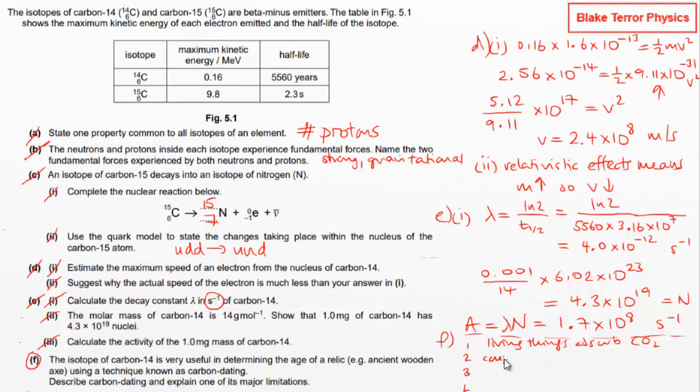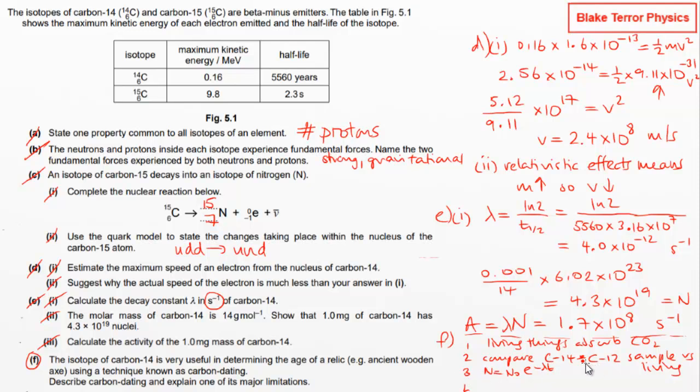We need to compare the ratio of carbon-14 to carbon-12 in the sample and in something living. We need to get those 2 values, and then we can use our decay equation, N equals N0 e to the minus lambda t, in order to work out what the time is.